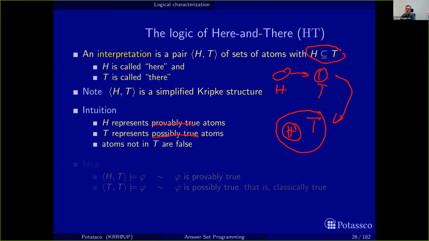So it can be true, it behaves more or less classically, but you don't necessarily have a proof for it. And everything that is out here, right, is false. And this actually gives you also a type of a three-valued setting, right? Where you have provably true, these guys, everything that is false is out here, and everything in between the false and the here world, that is possibly true, undefined. And that's actually why this corresponds to Gödel's logic G3. For those of you who know about these buzzwords, okay.